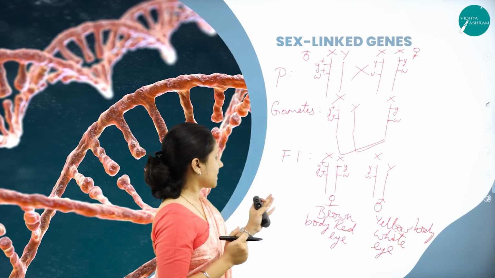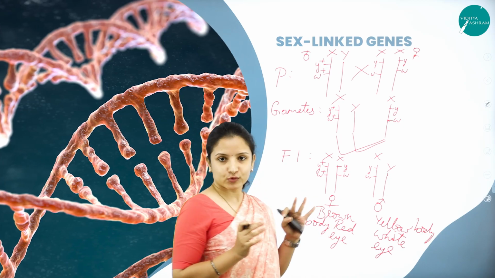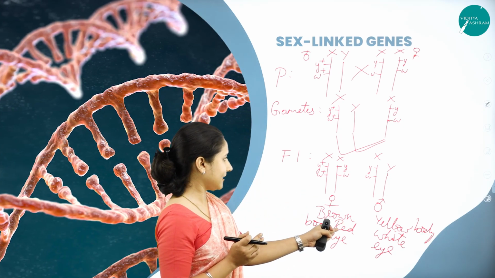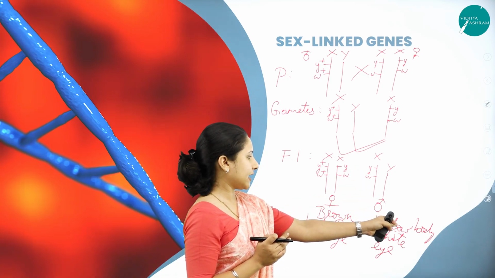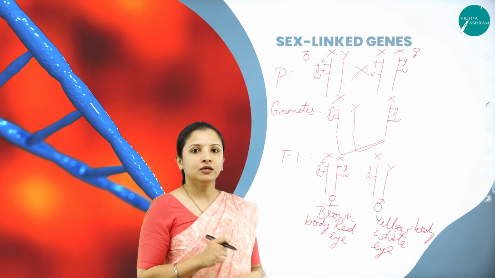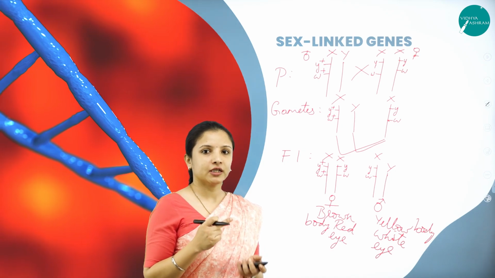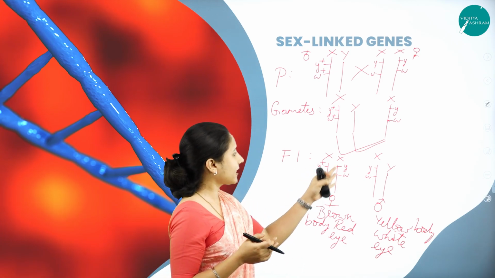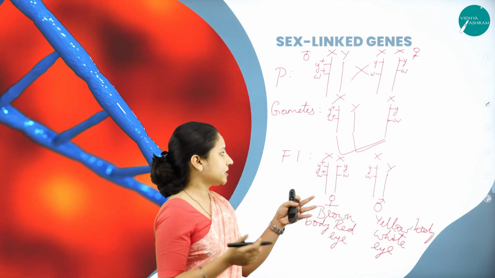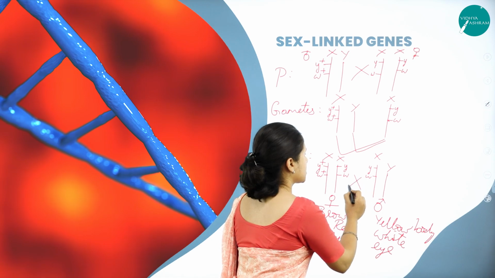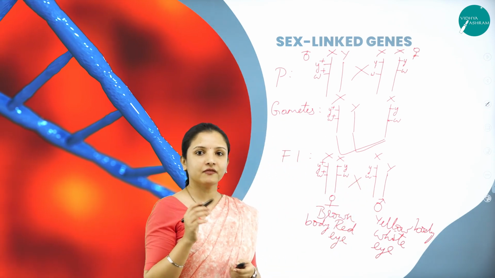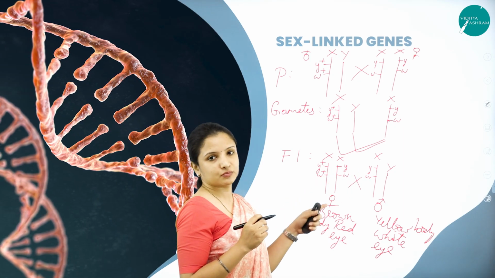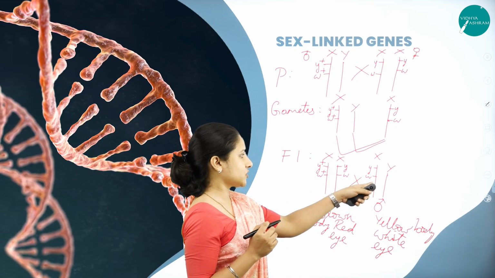So in the F1 generation, now we have the fruit fly, wherein the female fruit fly is brown body with red eye and the male fruit fly is yellow body with white eye. So again what Morgan did was, in order to strengthen his research work, he brought a cross between the F1 generation itself. So we shall see what happens when a cross is brought between these two F1 generation.